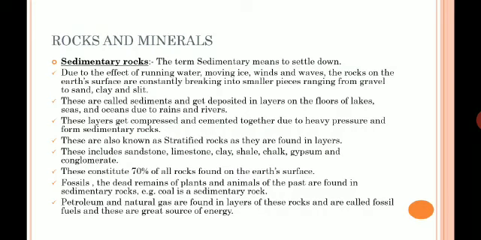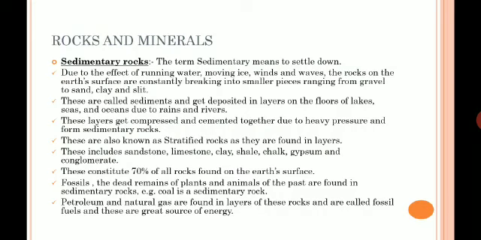These layers are compressed and cemented together due to heavy pressure to form sedimentary rocks. Compressed means pressurized, and cemented means joined together because of very heavy pressure, and after this process sedimentary rocks are formed.